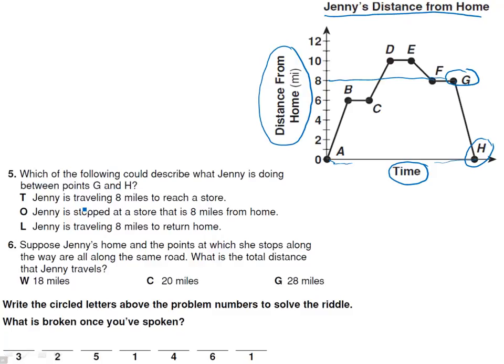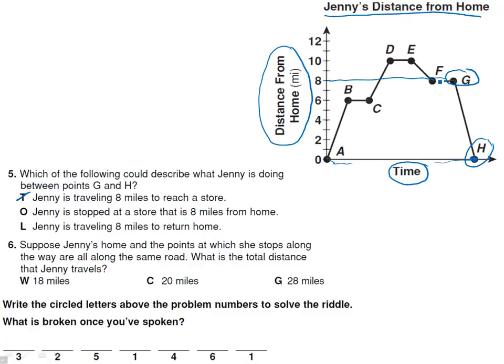The first one says Jenny is traveling 8 miles to reach a store. That would be going away from her house, unless her house is the store. So we know she ends at 0 miles from her house, so that can't be right. The second one says Jenny is stopped at a store that is 8 miles from home.